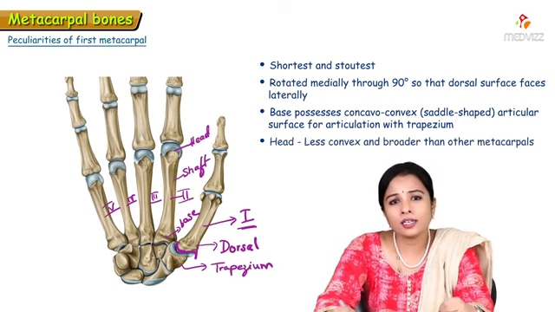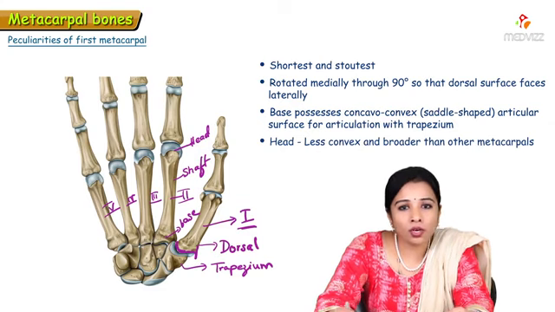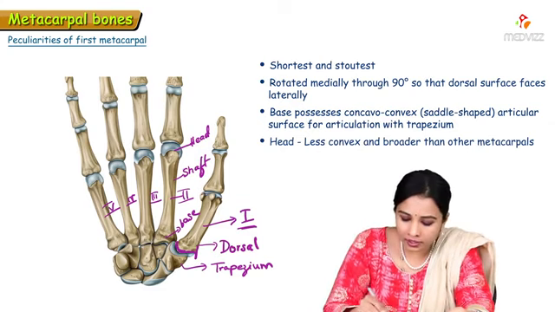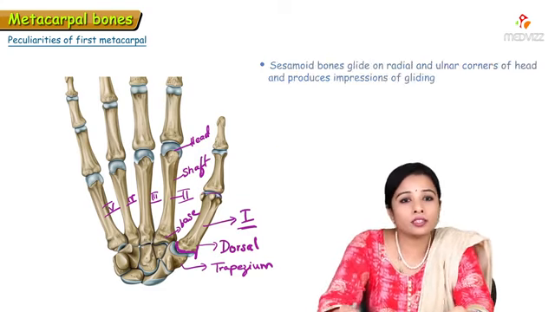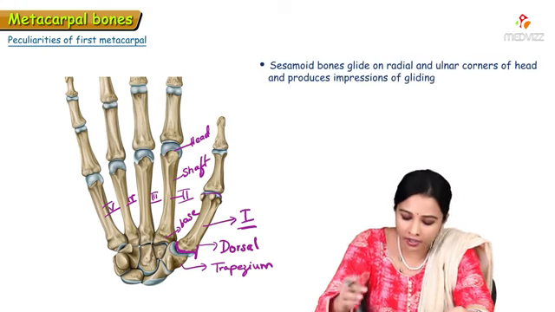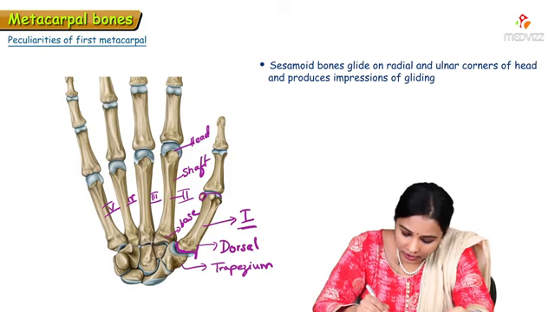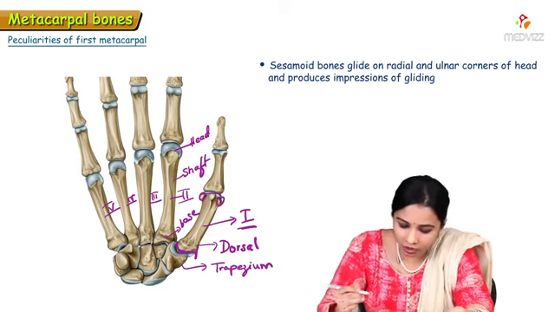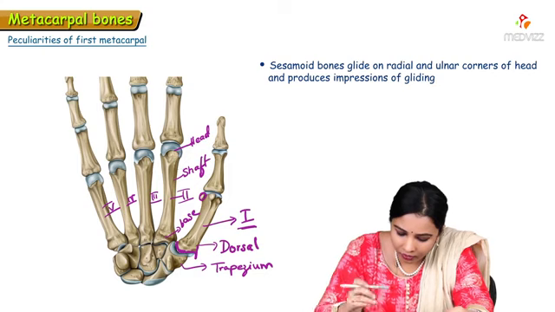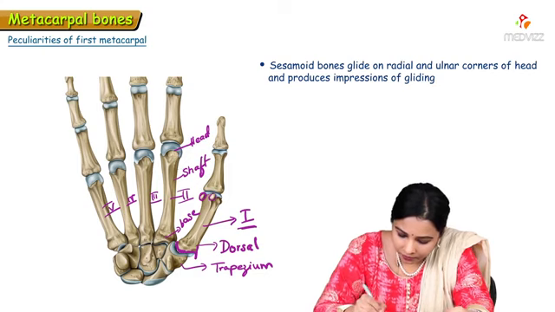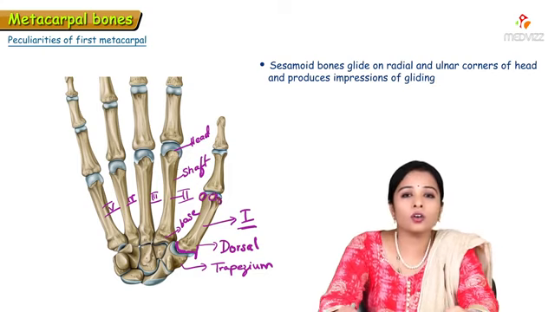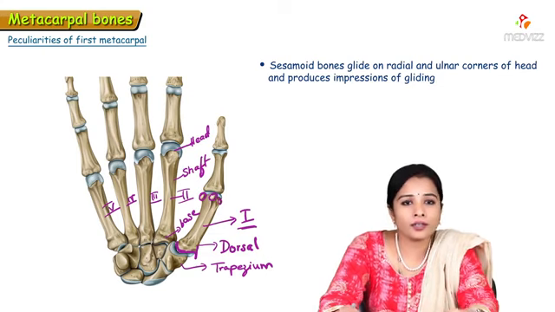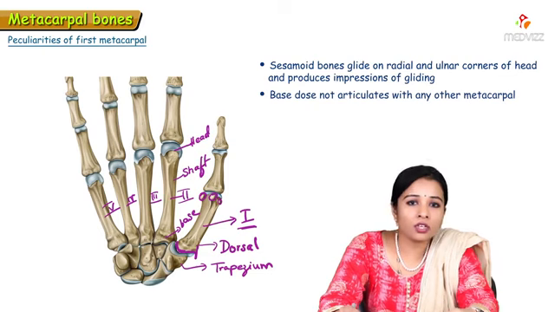The head is less convex and it is broader than the other metacarpals. The sesamoid bones glide on the radial and ulnar corners of the head. On each side you can see the sesamoid bones which glide on the radial and ulnar corners of the head and produce impressions of gliding, and its base does not articulate with any other metacarpal.